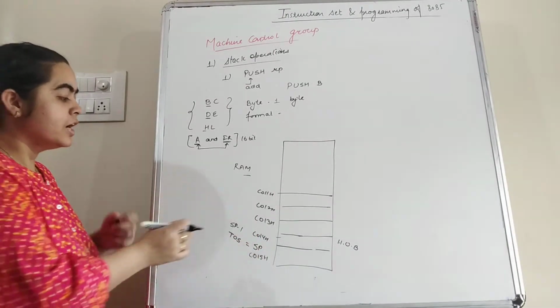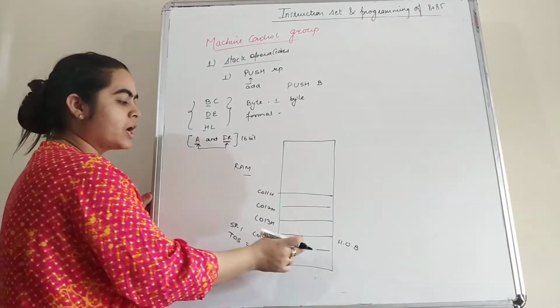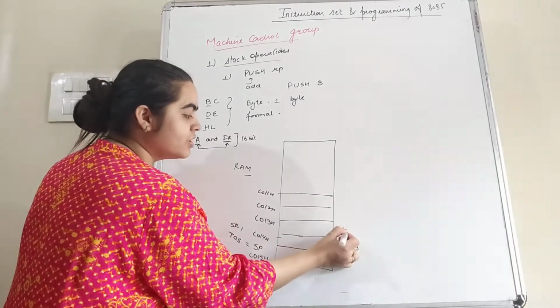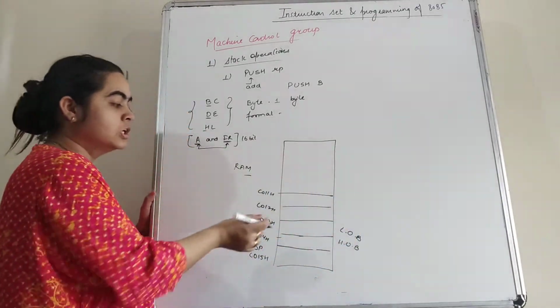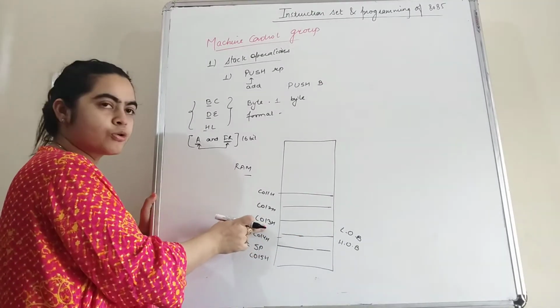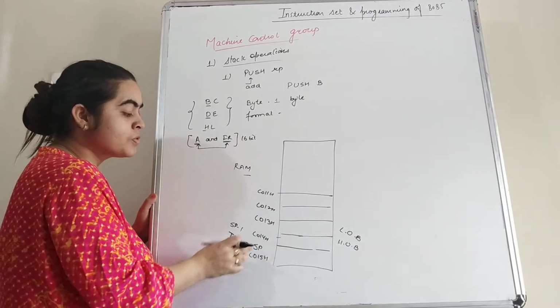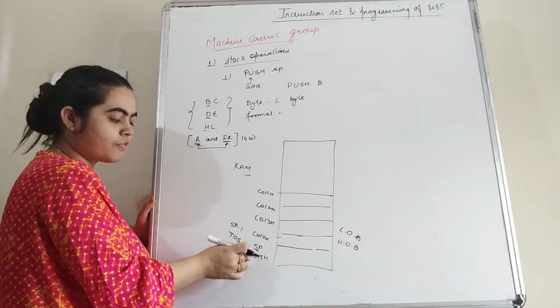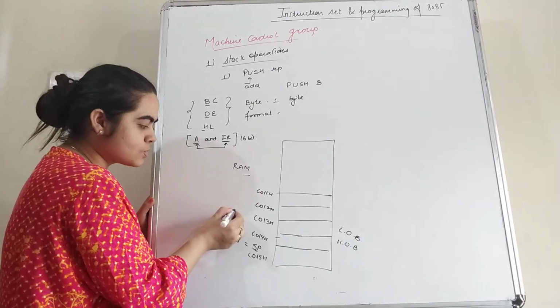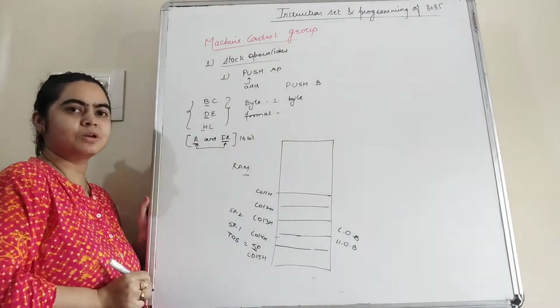After the higher order byte we push the lower order byte into memory location C013H in this example, which is SP-2.